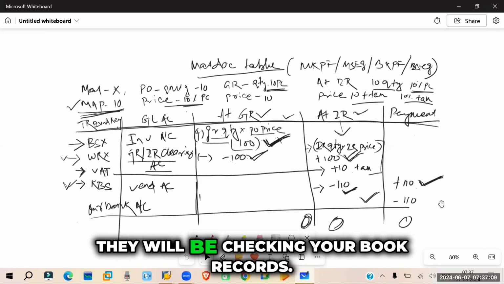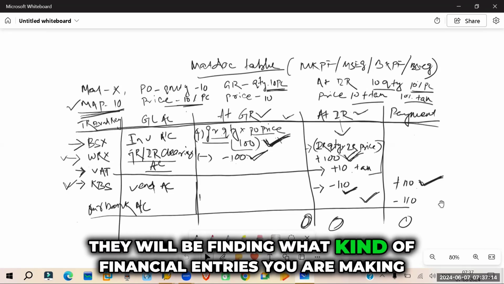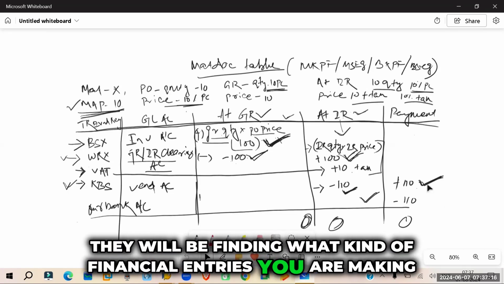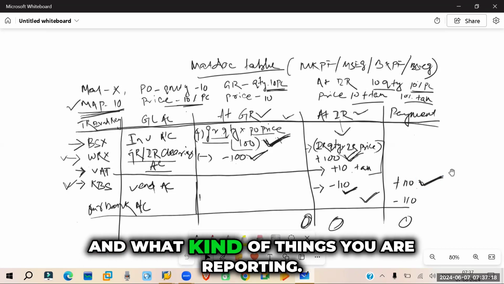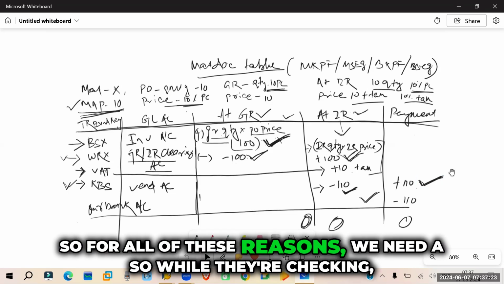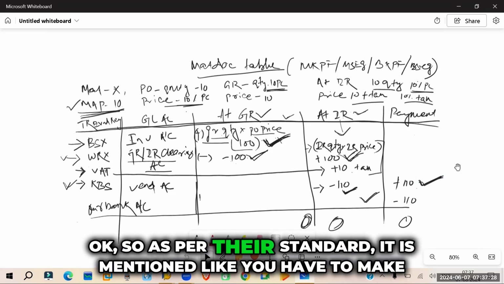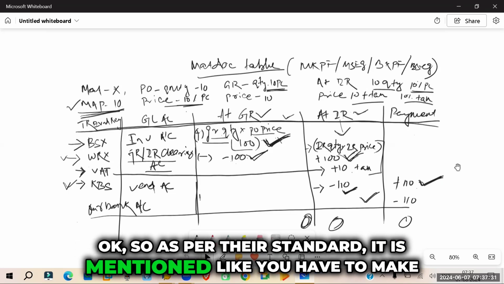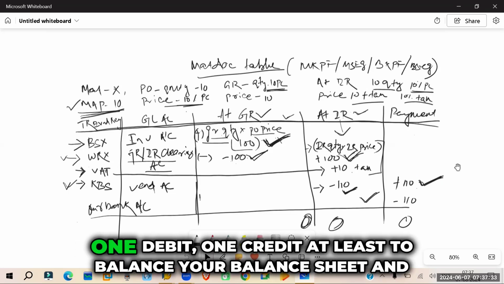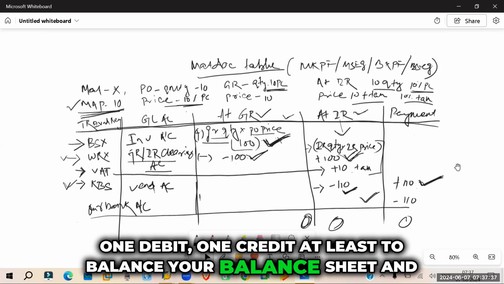They will be checking your book records, finding what kind of financial entries you are making and what you are reporting. As per their standard, it is mentioned you have to make one debit and one credit at least to balance your balance sheet.